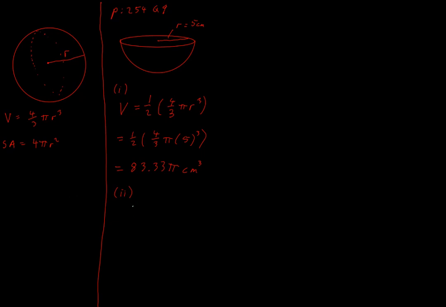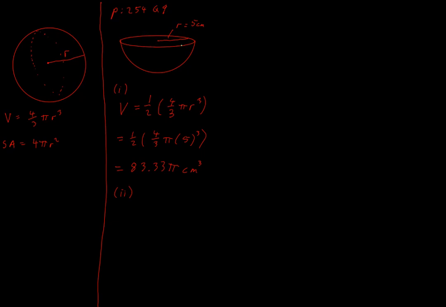asks us for the surface area of our hemisphere. Now we're told that it's a solid hemisphere, so we have half of a sphere for our curved bit around here, and then on top, where we've chopped it, we have the area of a disc, of a circle.